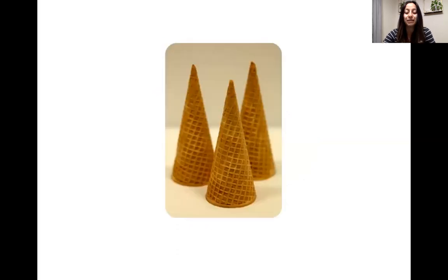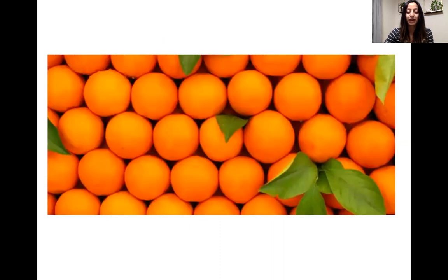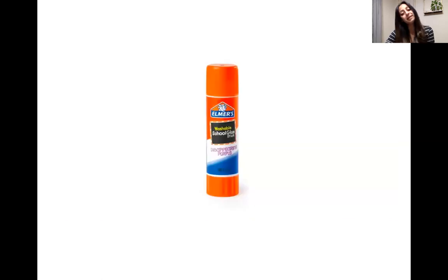What shape is this yummy treat? That's right, they're cones. What shape are these? Very nice, cube. What shape are these? Good, they're spheres. What shape is this?